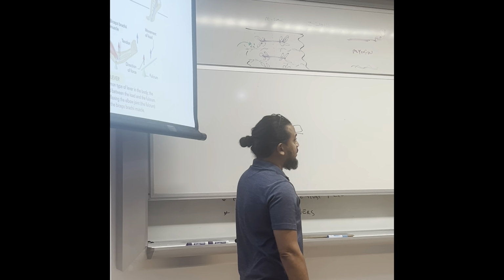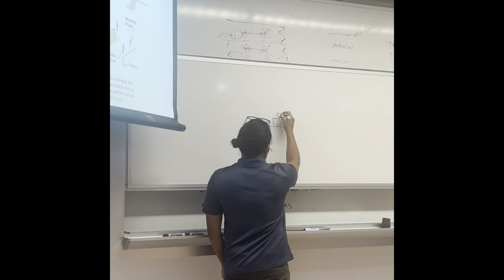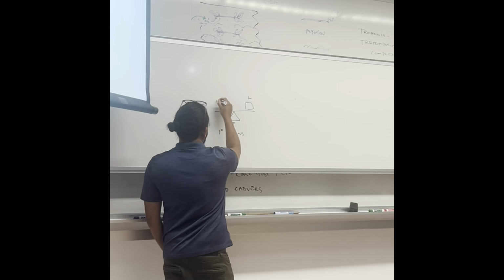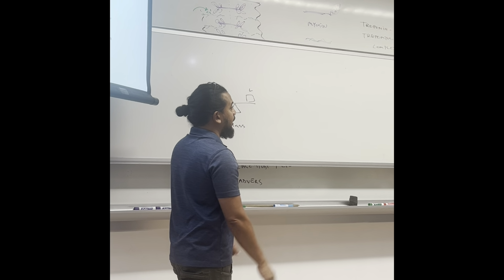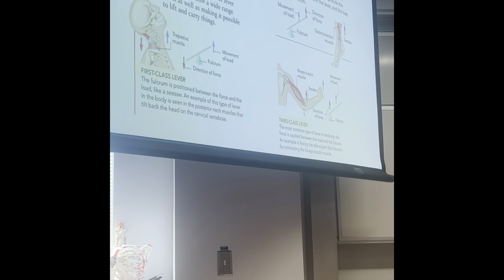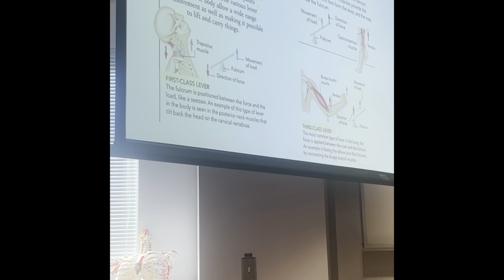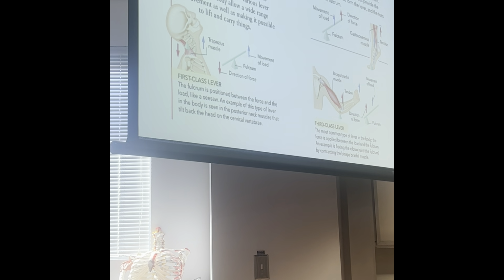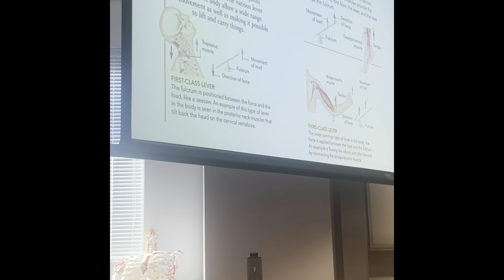In a first class lever, you have the fulcrum in the middle. You have a load on one side, and then you have a force being applied to help move that load. It kind of looks like a seesaw. The only example of this to note is the splenius capitis and the atlanto-occipital joint.